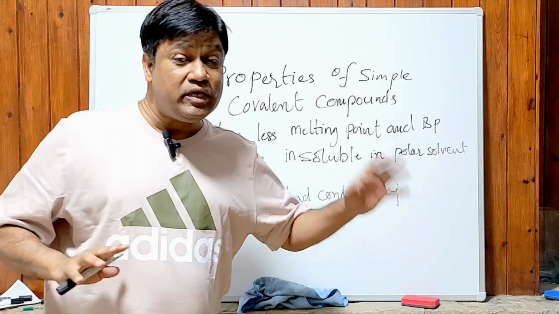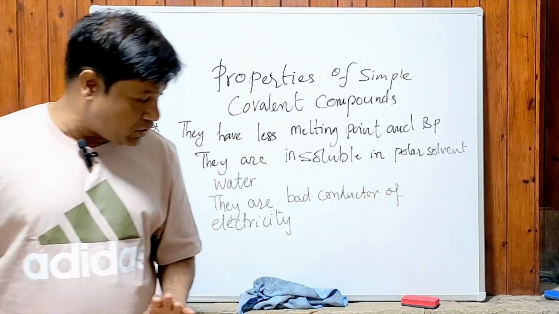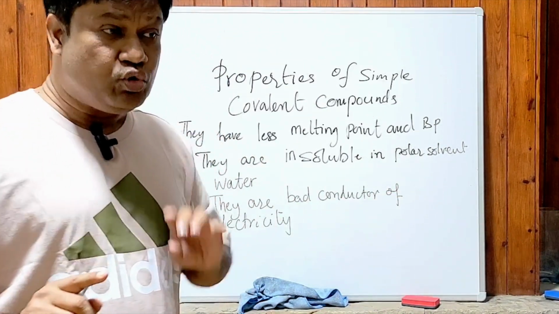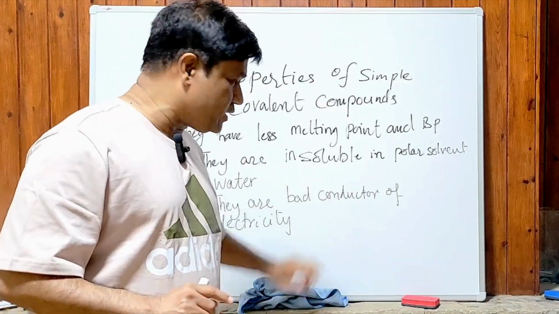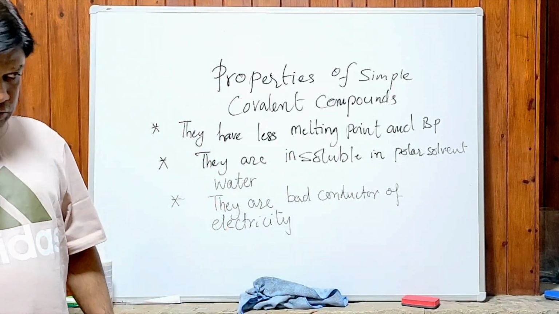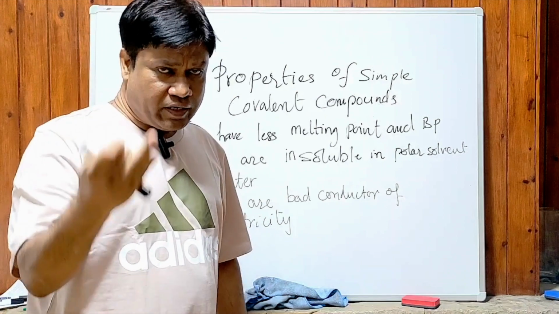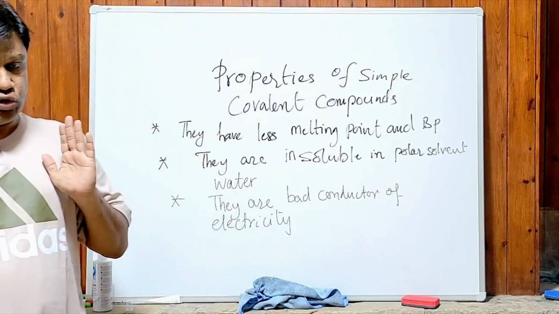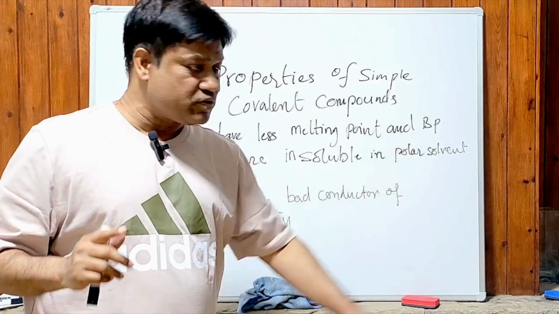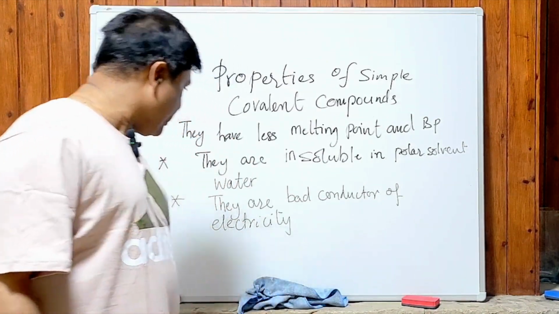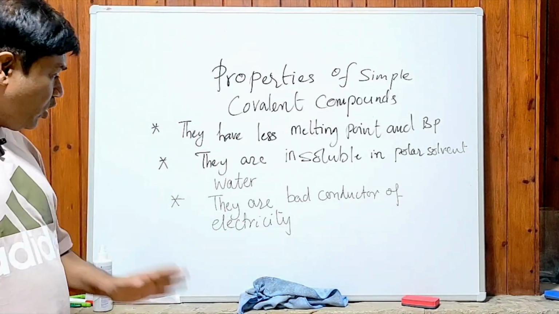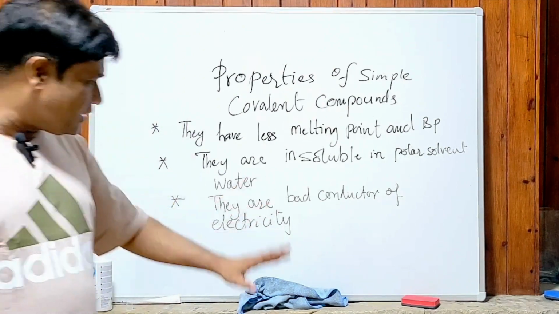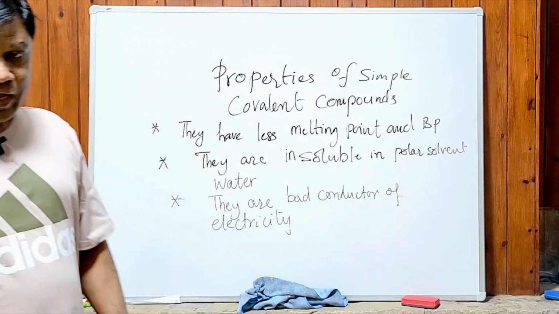Don't use the term delocalized electrons there. Use delocalized electrons for graphite or metallic compounds. Metals conduct electricity because of delocalized electrons, and graphite also. But in general, they do not conduct electricity. They are bad conductors of electricity except graphite.